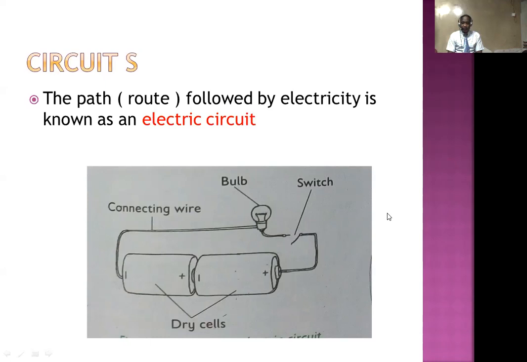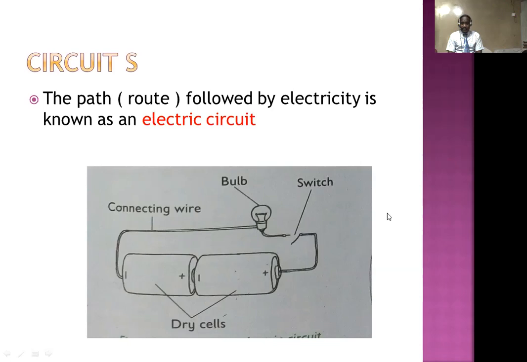Let us have a look at our setup. We have two dry cells, we have connecting wire, we have a bulb, and we have a switch. Pupils, the moment the switch is switched on, if it touches the other wire, the bulb will light.